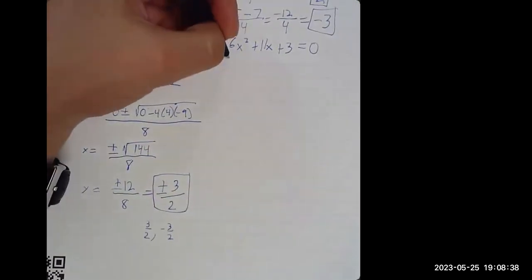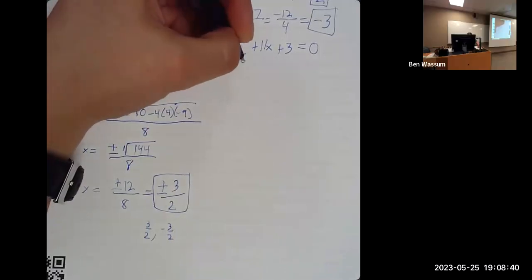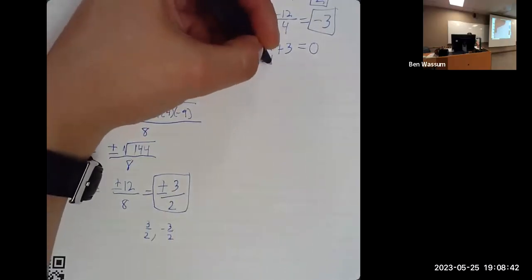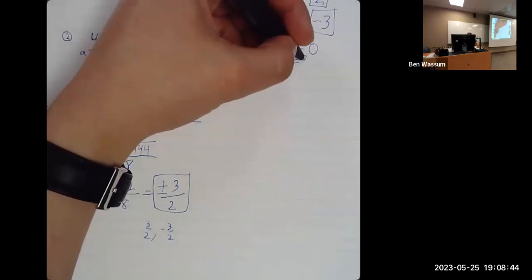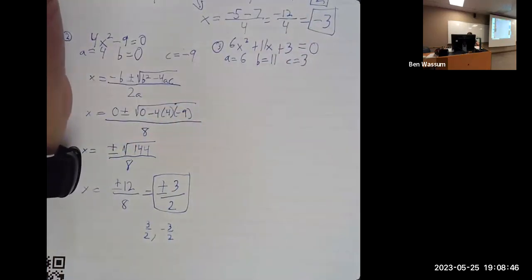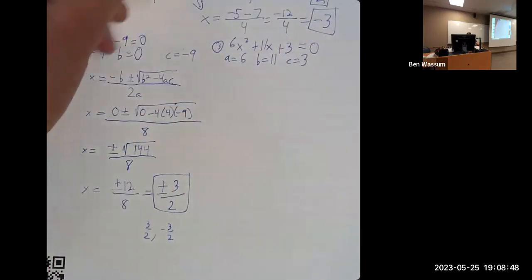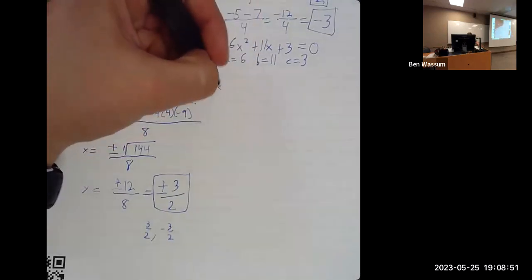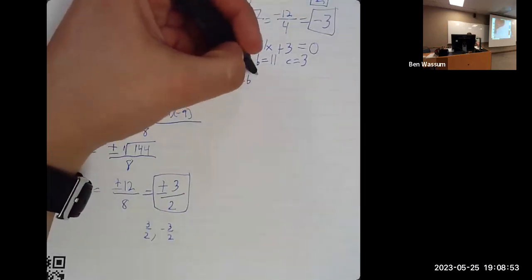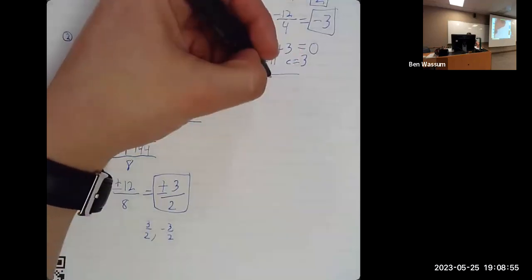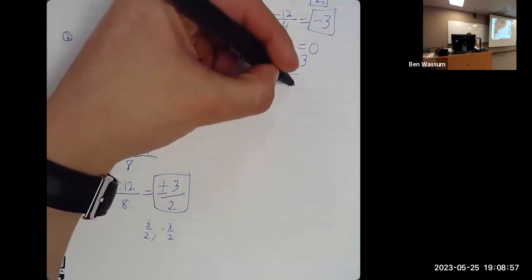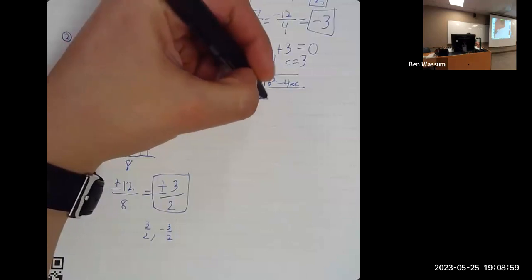In this case, we do have an A, a B, and a C. I don't really need to write the formula again, but I'm going to just for repetition's sake. Negative b plus or minus square root b squared minus 4ac all over 2a.